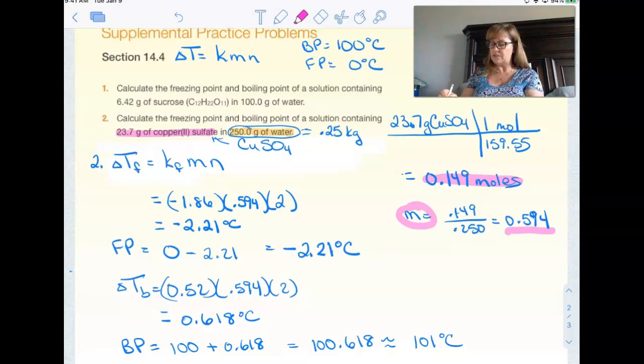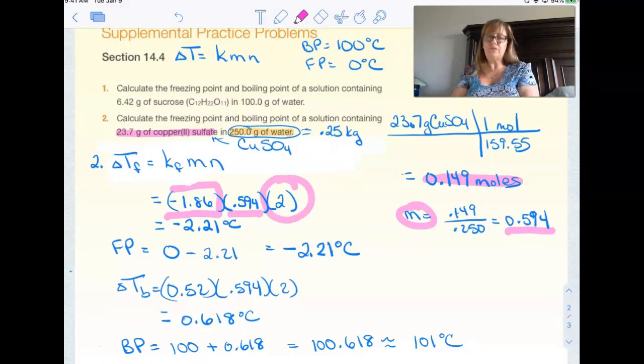We use this in our delta T formula. Since our solvent is water, I've taken our Kf for water, which is negative 1.86. I've multiplied it by our molality. And then here for our number of particles, I've used the number 2. This is because copper sulfate is ionic.